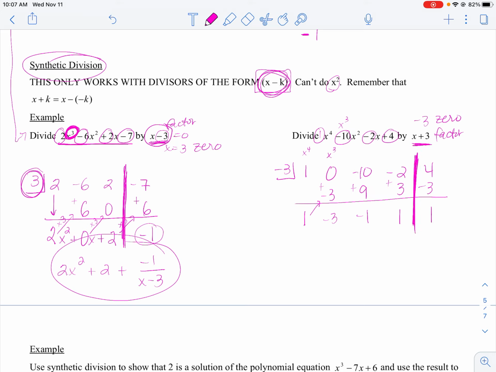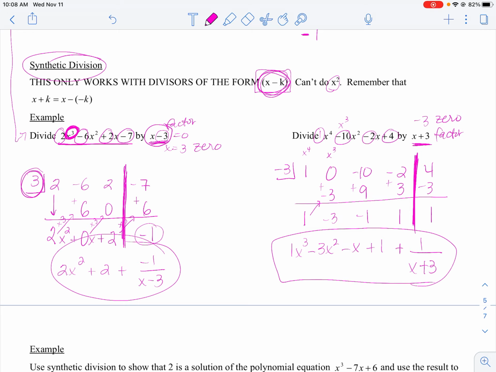The last number is always your remainder. And we started off with a 4th power, so our answer will be a 1x cubed, 1 less, and then squared, and then x, and then no x, and then our remainder.